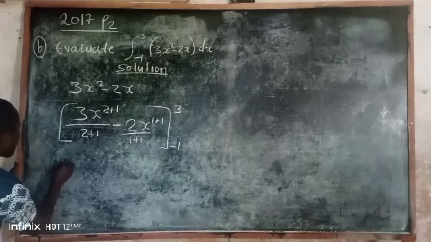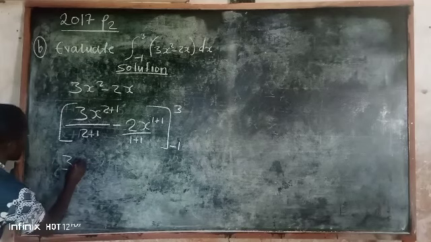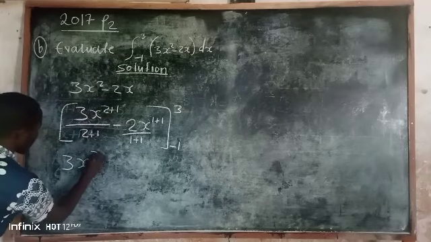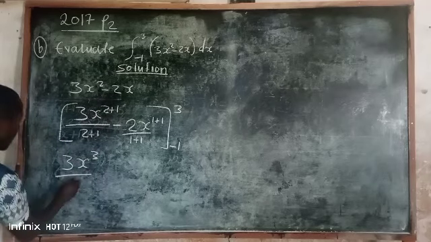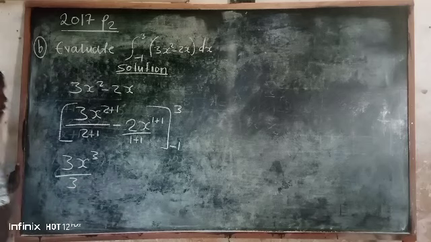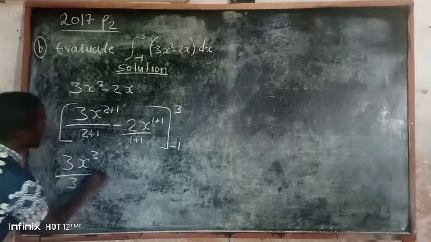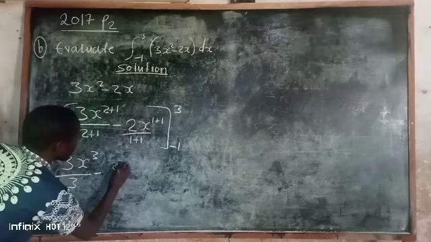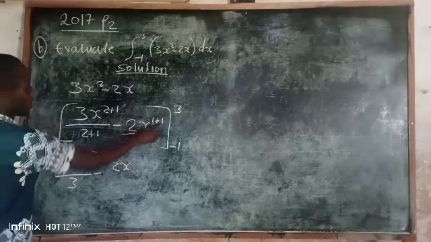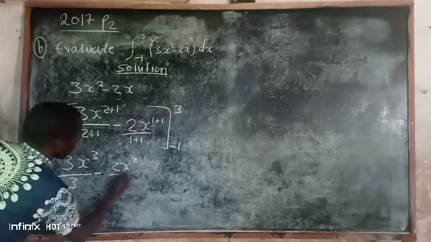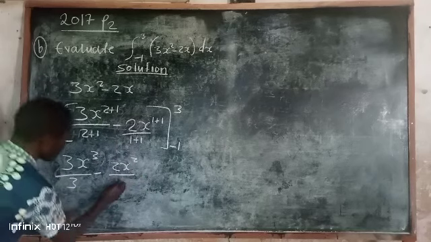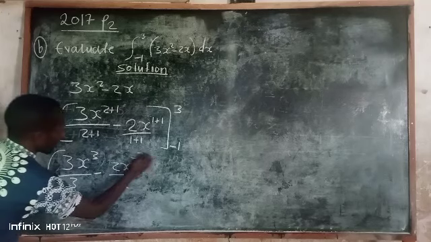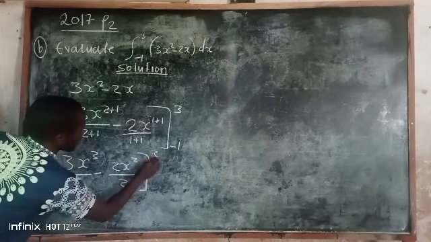So now we are going to simplify further. For 3x, when we say 2 plus 1, we have 3 over 3. Then minus 2x, when we add, we have the power 2 over 1 plus 1, again 2. We maintain the curly brackets and indicate the limits.